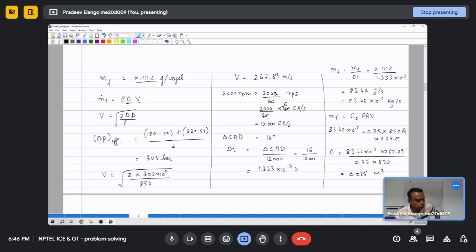Delta CD. CAD, crank angle degrees. But I think we are missing some 10 power minus 3 or something somewhere.